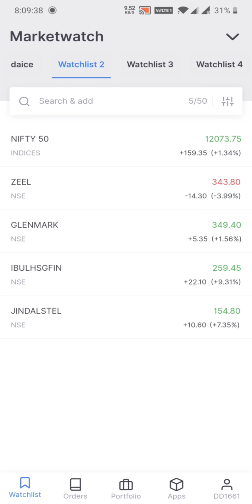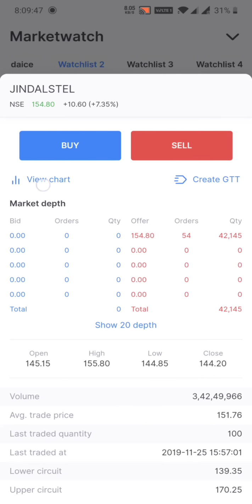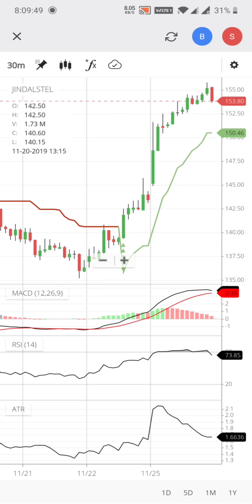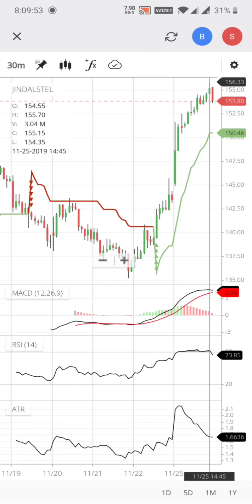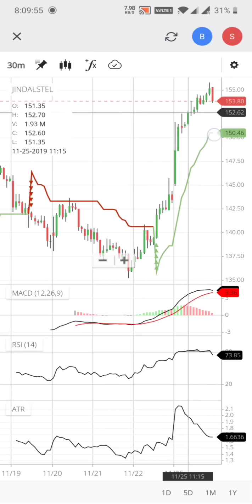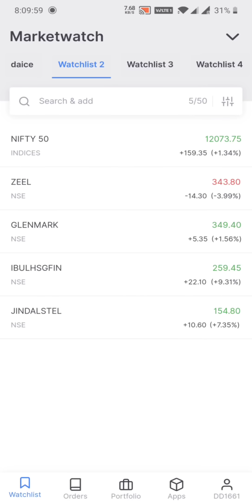Anyways, I just got busy for the day, and the market is closed. It's already night. So Jindal has moved up to 155.80 from the morning levels we saw. The stock has gone up good. I mean, we expected 152.50, which happened, and later it went up more also. So that was a great move.